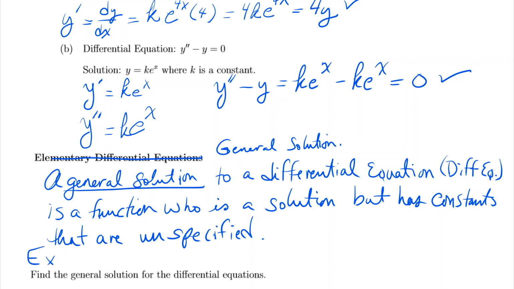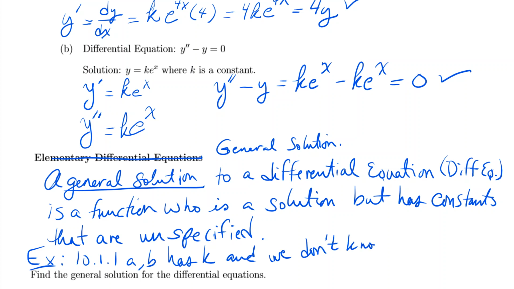So, for example, you'll notice that in the example I just did, 10.1.1 A and B, I had K. And we don't know the value of K. So you might ask yourself, where did K come from? Well, don't worry, I will totally show you as we go through and do some stuff here. So you might end up with some constants when you try to solve some stuff.